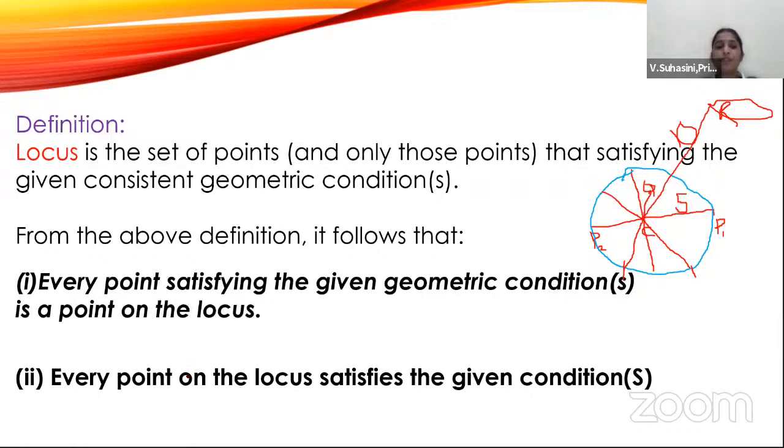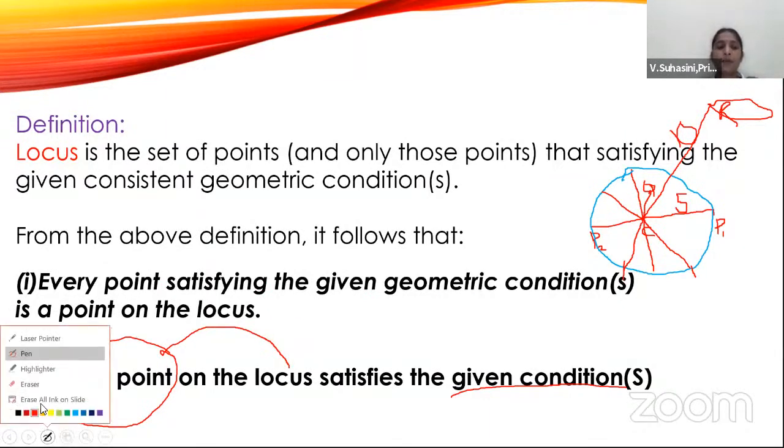So you take any point, that point must be on the locus if and only if it satisfies the given condition. If the distance CP is equal to 5, only then the point lies on the circle. If a point lies on the circle, then it must satisfy the condition. Every point satisfying the given condition must be on the locus.